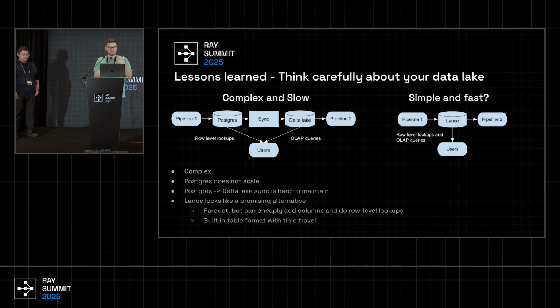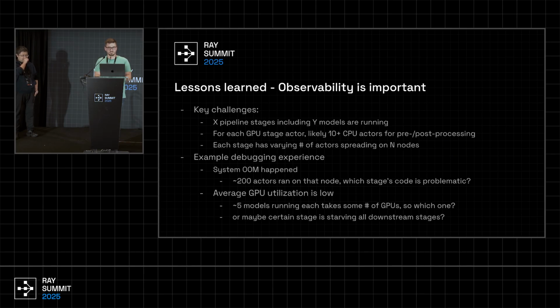This is complex, it doesn't scale well, and the sync is pretty hard to maintain. What we're looking to move to in the future is something like Lance. I think it's potentially a good middle ground between relational databases like Postgres and more simple file-based stuff like WebDataset. They're actually doing a talk right now, but it's a very interesting thing to look up.